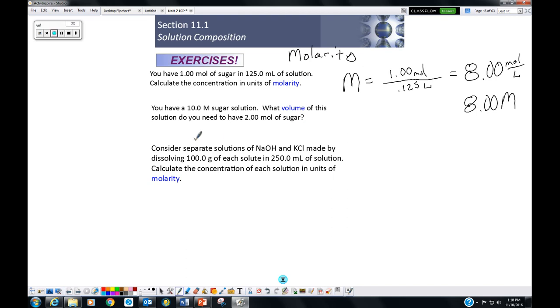So we set it up: 10 molar, which is 10 moles per liter, equals 2.00 moles over X liters. So we can solve for that. That's actually 1 liter underneath it there. So we do our application, and what do we come up with?